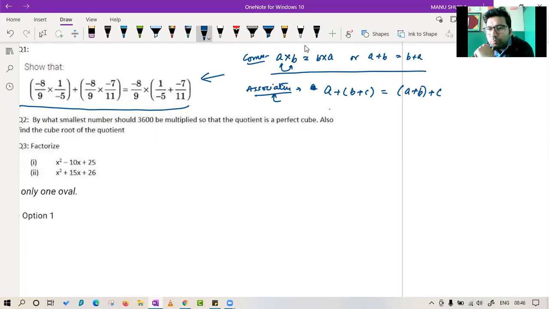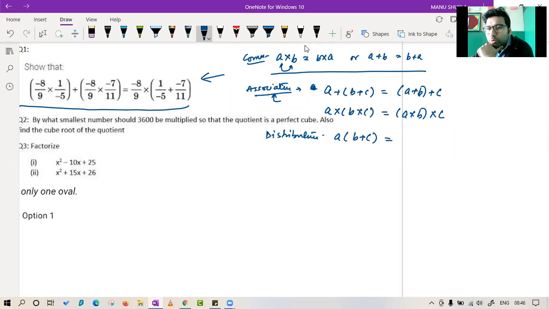Also, in the case of multiplication, you can say a into b into c is the same as a into b bracket into c. So this is your associative property, and the distributive one is a bracket b plus c.